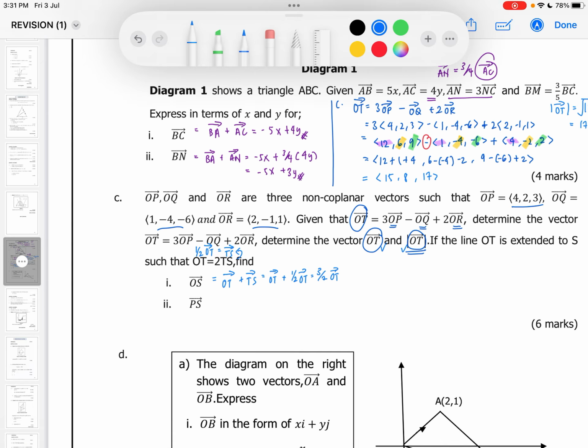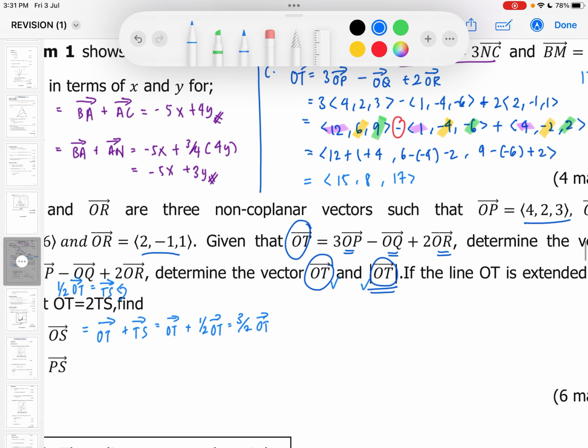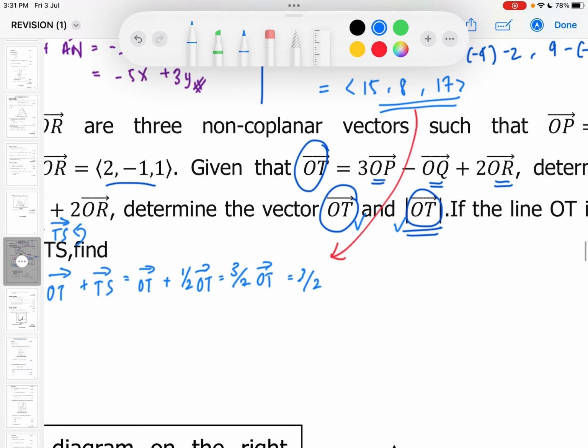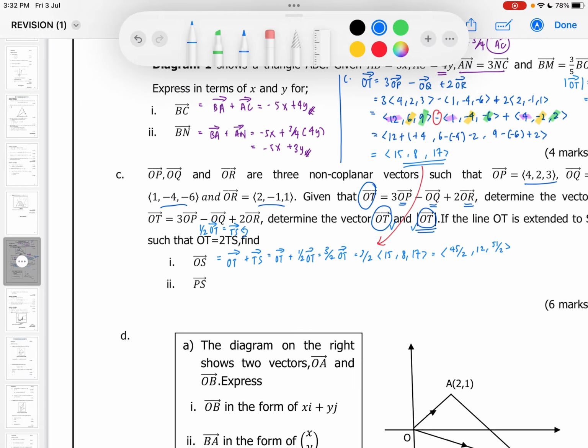But for OT, we don't exactly have a full equation. But we do have the values of OT which we found here. That's why we are going to substitute all those values down here. So that's going to be 3/2 times 15, 8, 17. And then we're going to get, I think it's 45/2, right? Okay, 12, 51/2. Yeah, 51/2. So that is for OS. We are finding the values of OS.